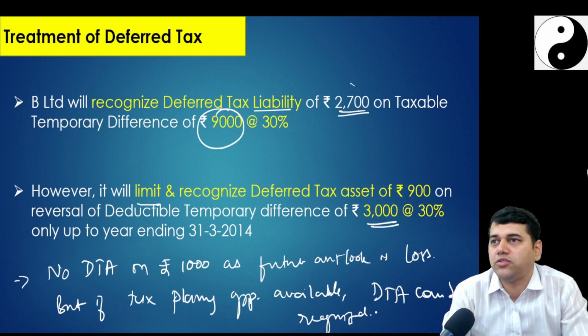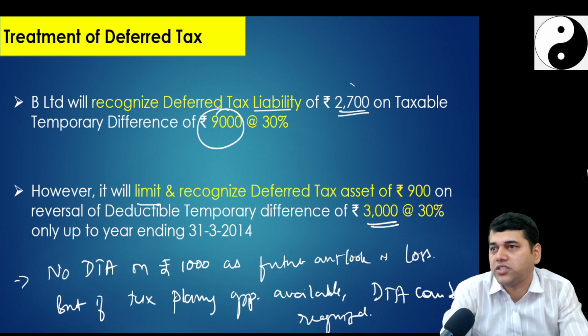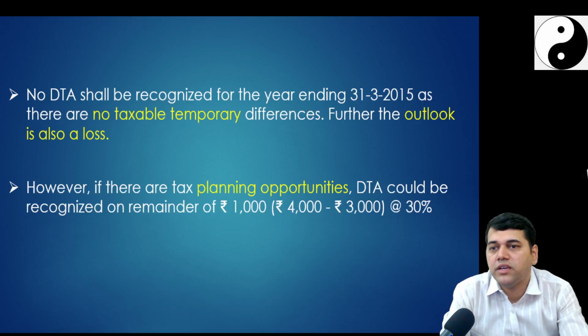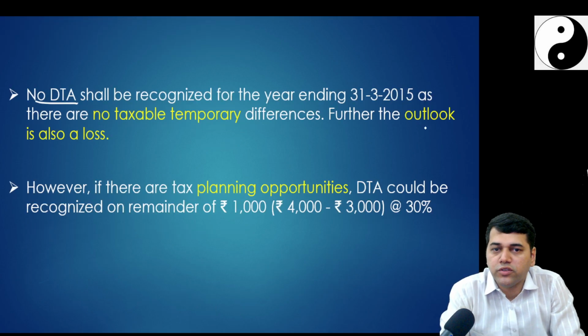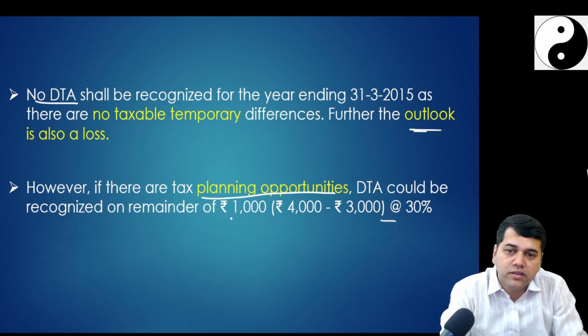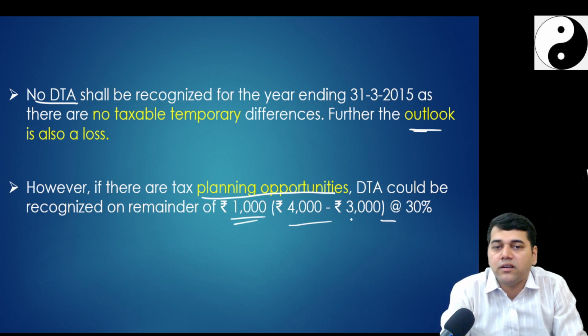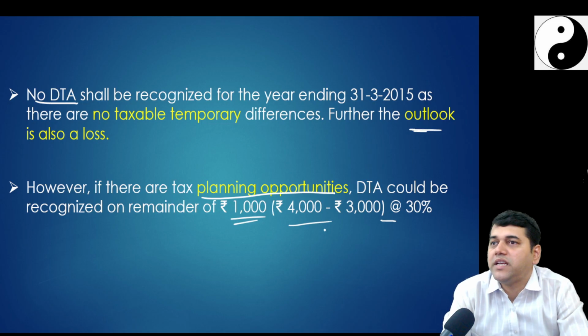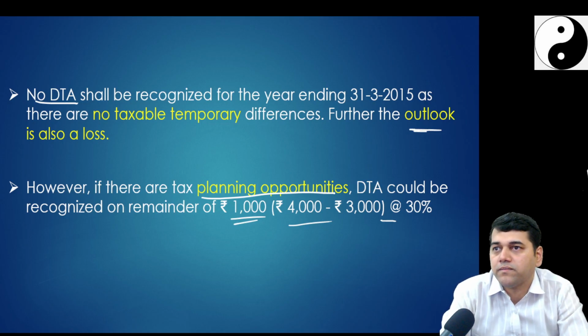This is the discussion, no? We say that, look, we don't do recognition because there is a loss. But if you get any tax planning opportunity, yes, we will recognize it on that 1,000 rupees at 30%. That also, 300 rupees, we will recognize.